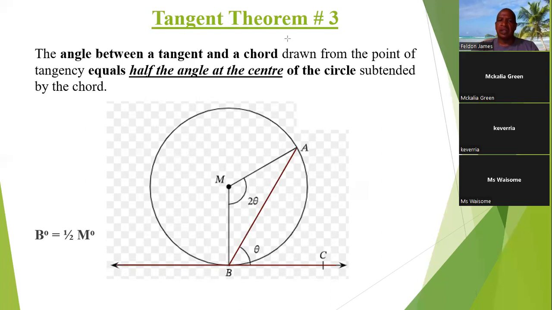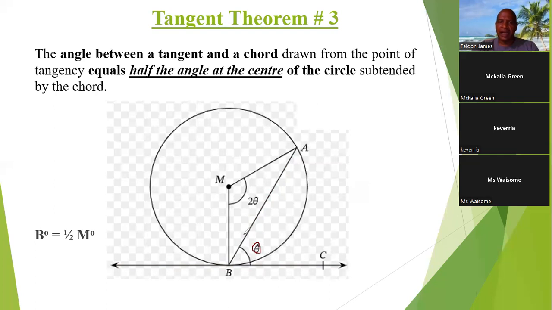And so the theorem is saying that a chord that starts from this line. So they are saying that the chord from B to A forms an angle with the tangent line, which is theta.